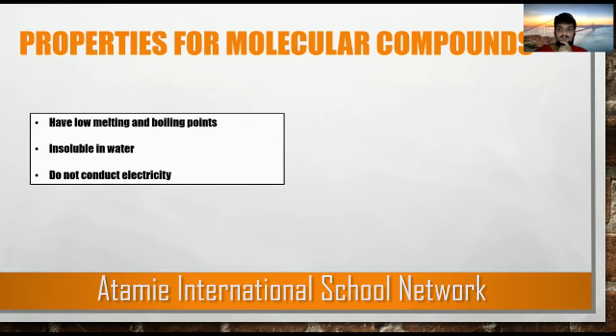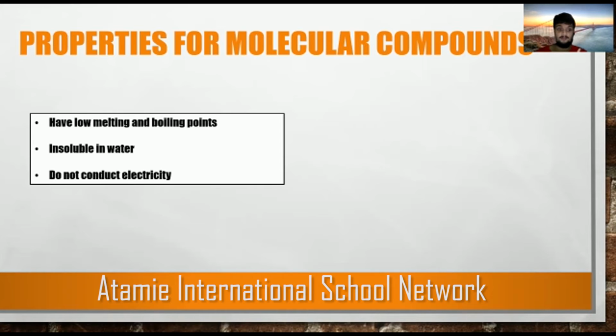Now, we said there are certain properties in any chemical compound; there are distinguishing, unique properties. So these covalent compounds also have properties. For example, they have low melting points and low boiling points. To give an example, water has a low melting point and a low boiling point, because the boiling point of water is 100 degrees Celsius.